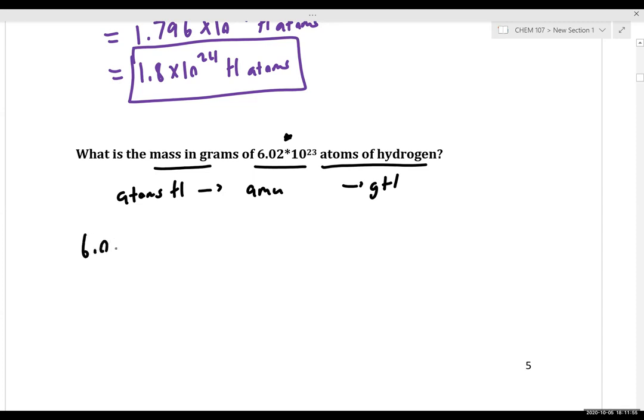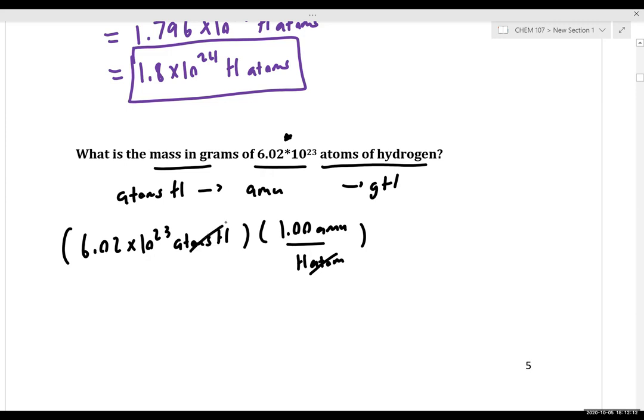So starting off, we have 6.02 times 10 to the 23rd atoms of hydrogen. We know for hydrogen, we have 1.00 AMU per hydrogen atom. And we know in 1 AMU, we have 1.67 times 10 to the negative 24th grams.